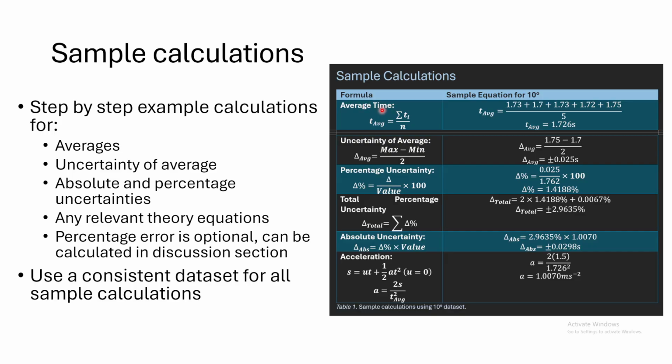And as you can see, I have the average, uncertainty of average, percentage uncertainty, absolute uncertainty, and I derived the equation to get acceleration. And I have these sample calculations for the 10-degree data set, and these are consistently all values from the 10-degree data set. So that's pretty straightforward, I believe.